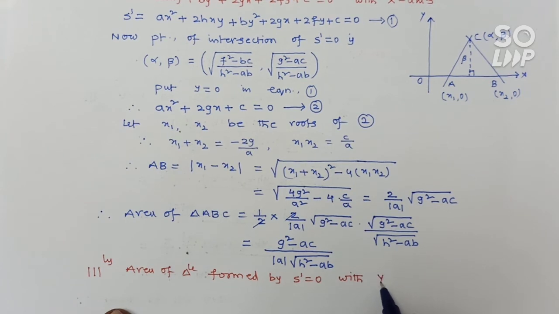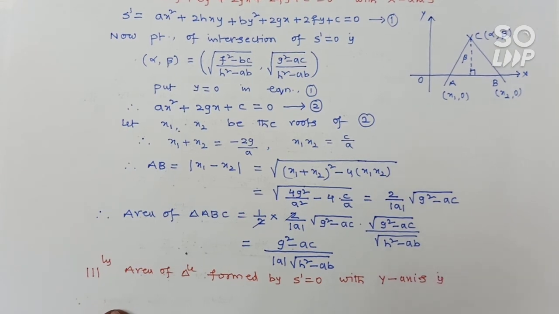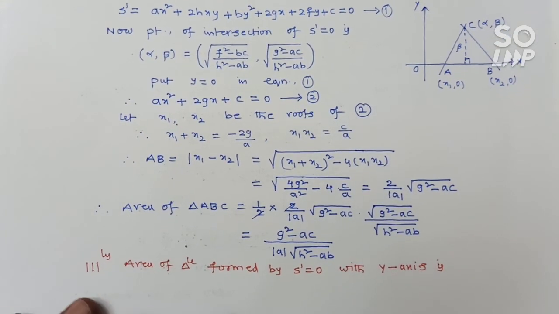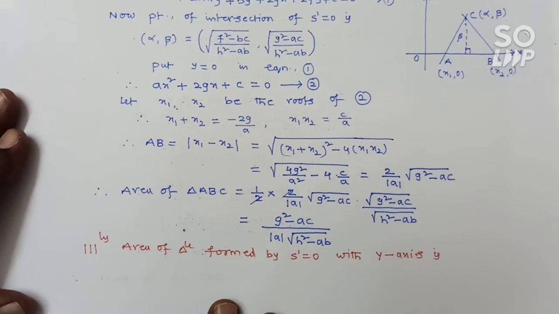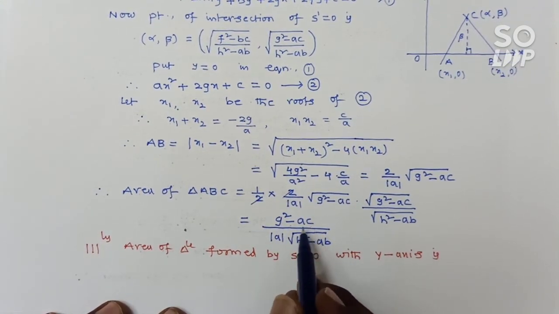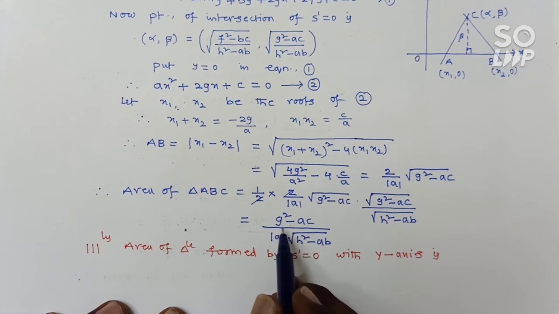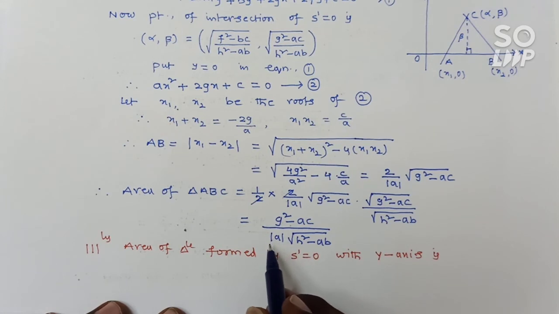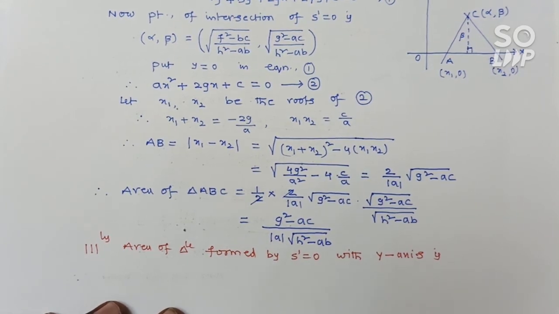With the y-axis, what will be that formula? Here, by observing the above formula, now you replace g square minus ac with f square minus bc. Here modulus of a, you replace this one with modulus of b.